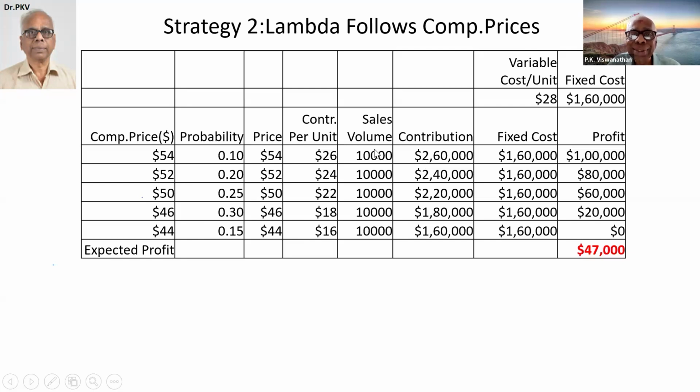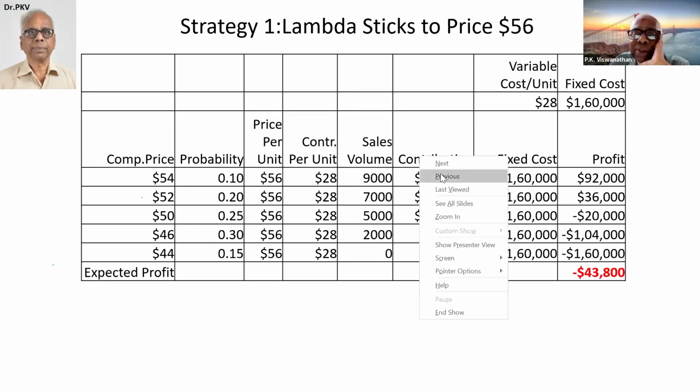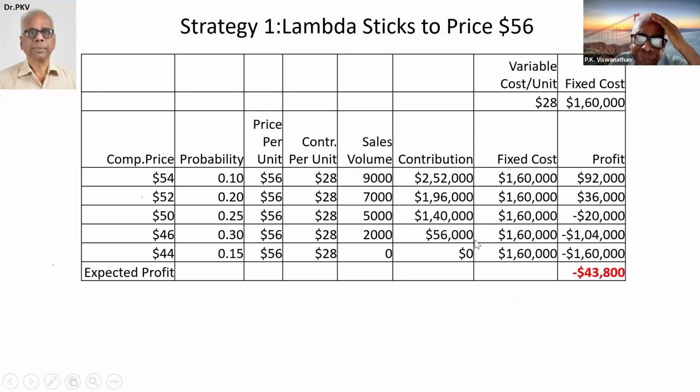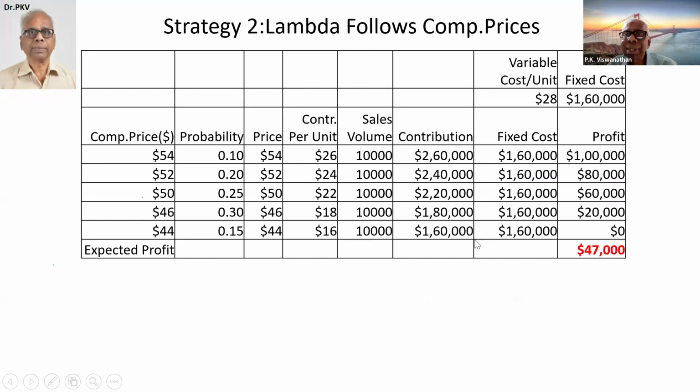Sales volume, I get complete sales volume. That's what the case says. Go back and read it, this page. If you are able to match, you get full order. So, fixed cost, now I subtract the contribution margin. 10,000 into 26 is $260,000. 10,000 into 24 is $240,000. 10,000 into 22 is $220,000. 10,000 into 18 is $180,000. 10,000 into 16 is $160,000.